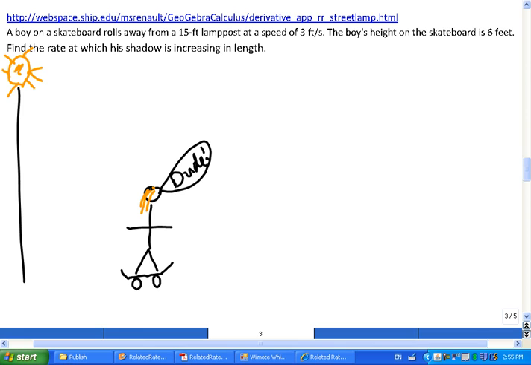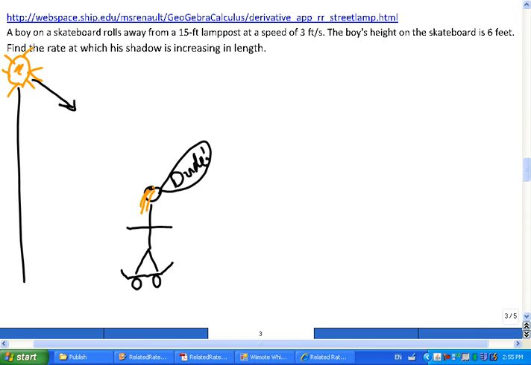To think about this, it's asking the rate at which the shadow is increasing in length. So it's asking about the shadow that's being cast. In this picture, we want to figure out how we can draw this shadow. Hopefully we all know how shadows work: when the light is being cast from this bulb, at some point the body blocks the light and that creates the shadow.